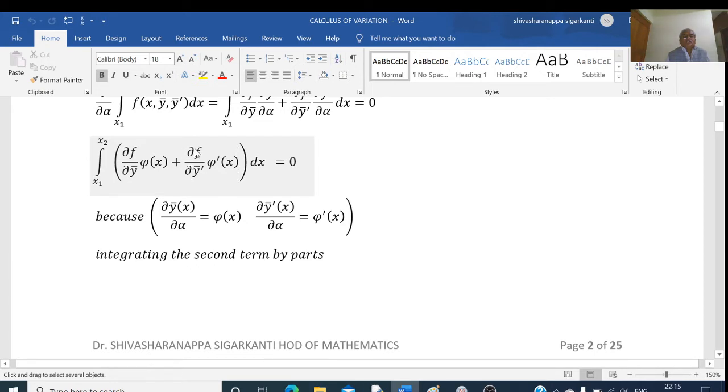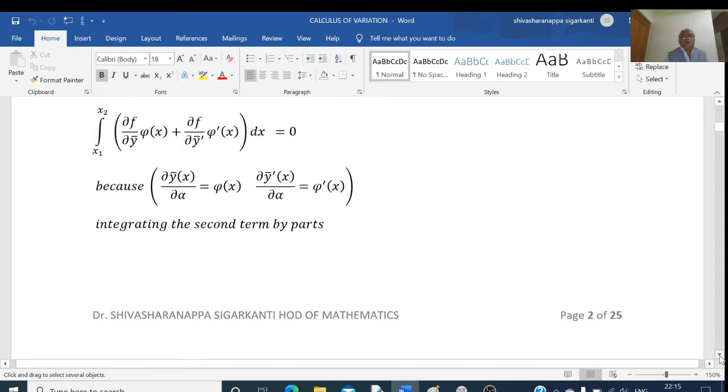Here we have two functions. This dou f by dou y bar dash is one function, pi dash of x is another function. Keeping first term as it is, integrating this second term by integration by parts. That is first function into integral of second minus under integral sign derivative of first into integral of second.